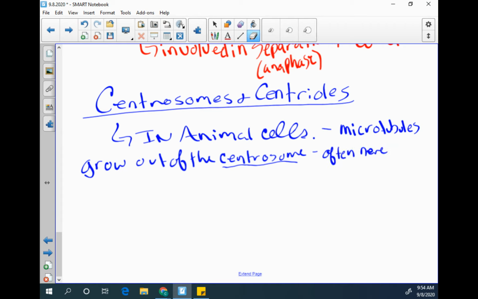That is not how you spell near. Goodness gracious. All right. Often near the nucleus. So microtubules have to come from somewhere. Specifically in animal cells, that somewhere is called the centrosome.